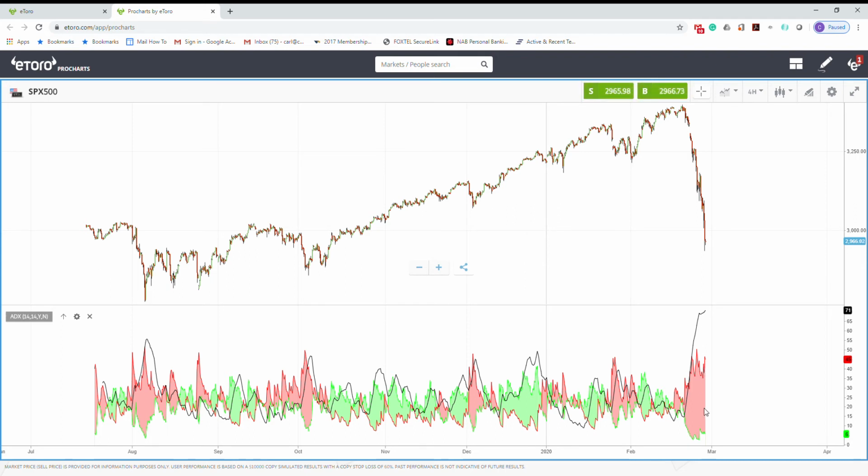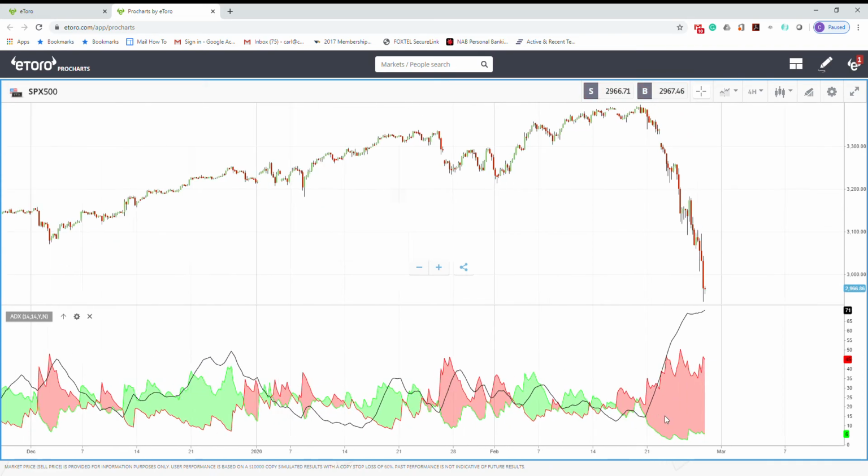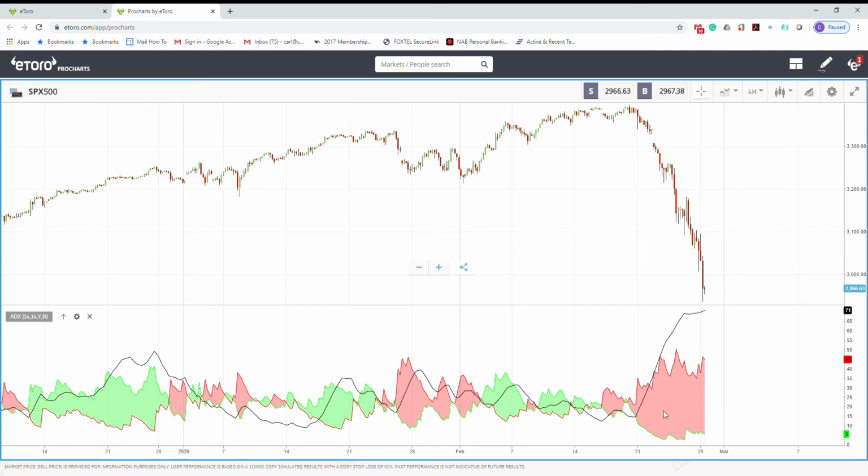We have two other lines, MDI and PDI, and every time that MDI is above PDI, we are in a downtrend. So I chose the tick box for shading, so as you can see, very easily you can recognize the downtrend or uptrend.